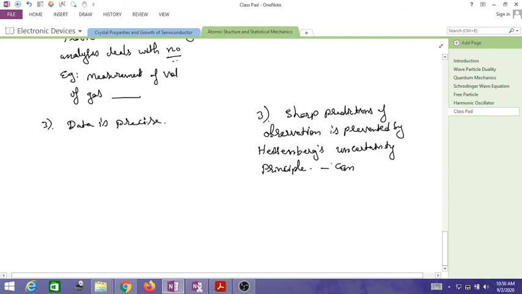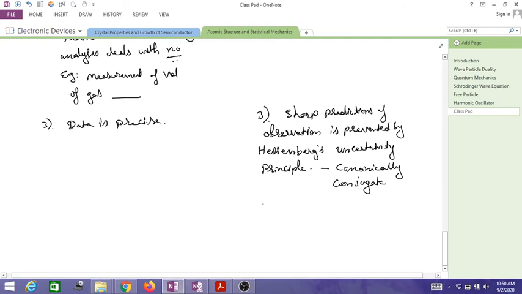I'll tell you what this canonical is. It cannot be applied to canonically conjugate variables. Canonically conjugate variables are those which are complementary to each other.